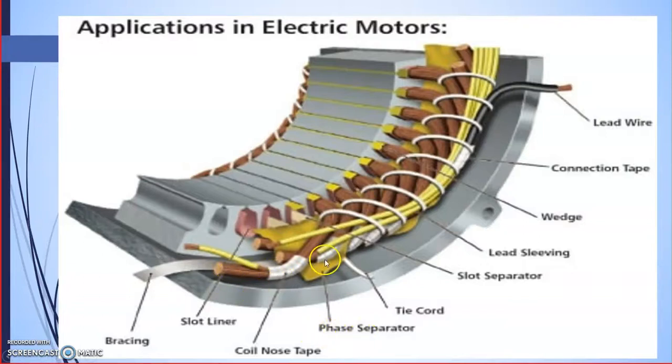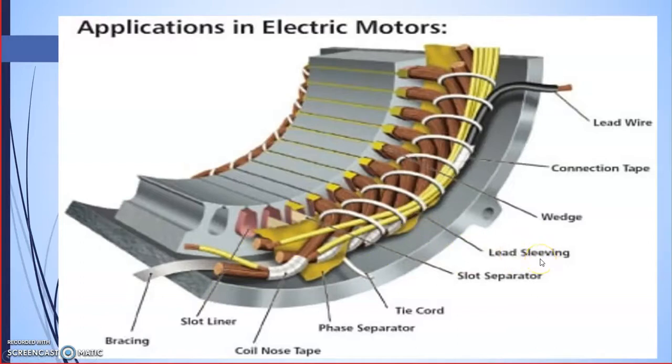Then the phase separator. You know, in three phase machines RYB will be there, so phase separations are also required. Then this is the tie cord. Then the slot separator. I told you the slot liner is different and slot separators are different. Then lead sleeving.